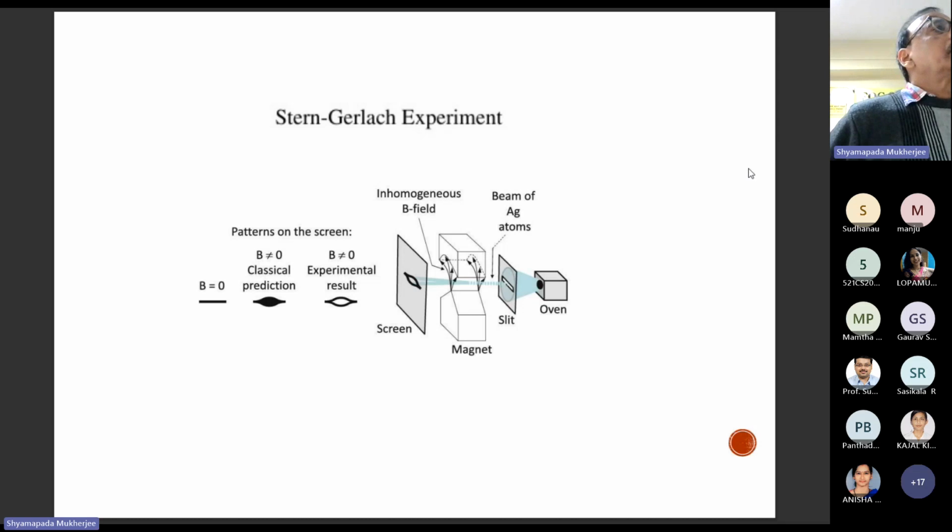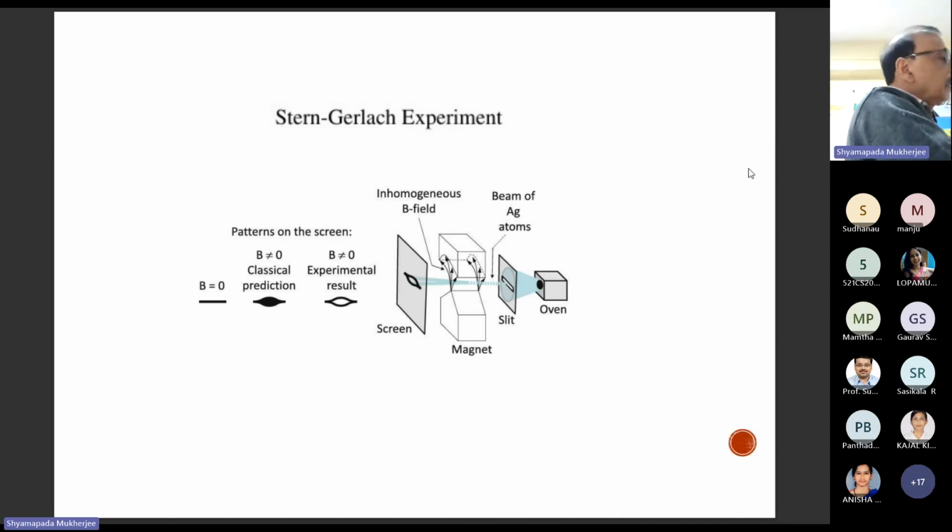So why do we get this? Because electrons in the silver atoms are moving around the nucleus. Suppose the nucleus is there, so the electron can move like this, with some probability. If the electrons are moving in orbital motion like this, their angular momentum will point in the upward direction if anti-clockwise, or if they are moving clockwise, I can give the downward direction.